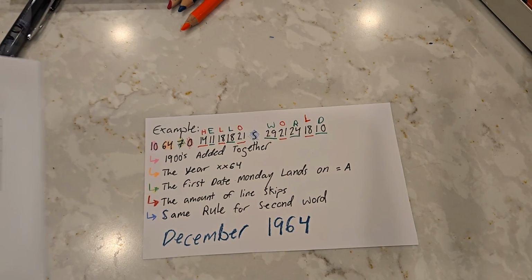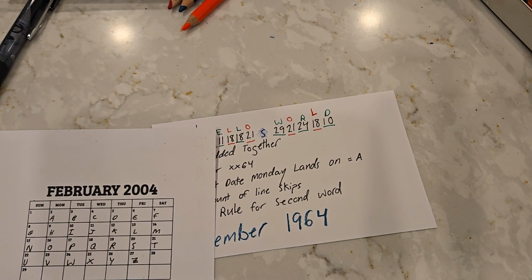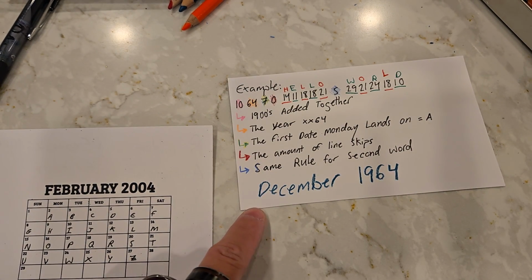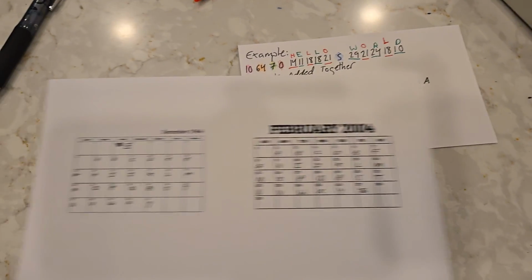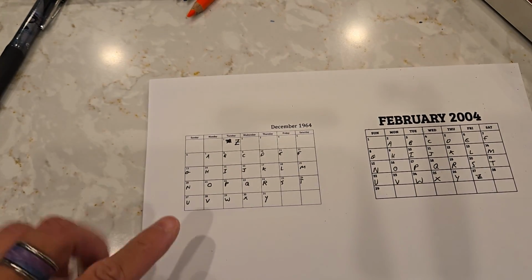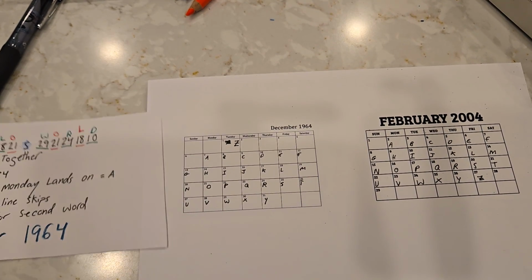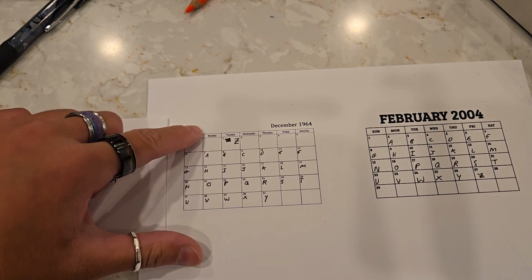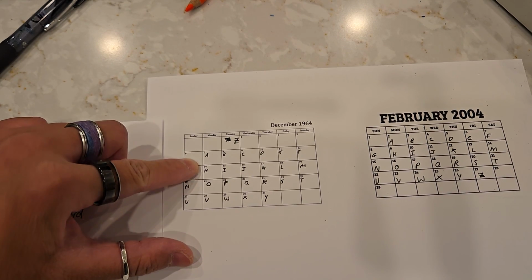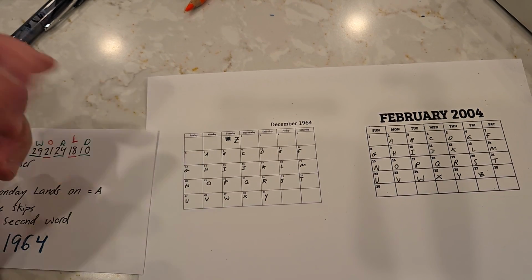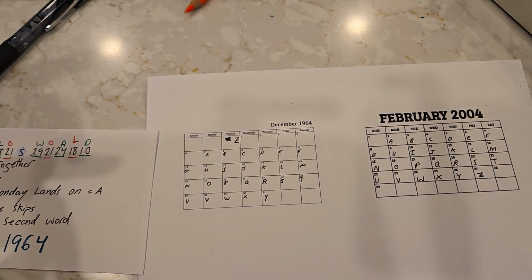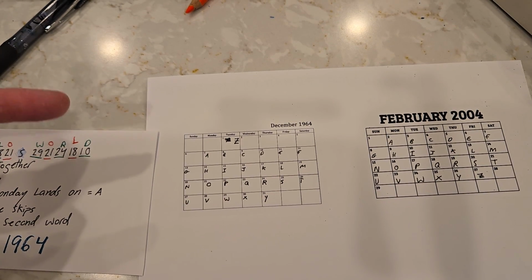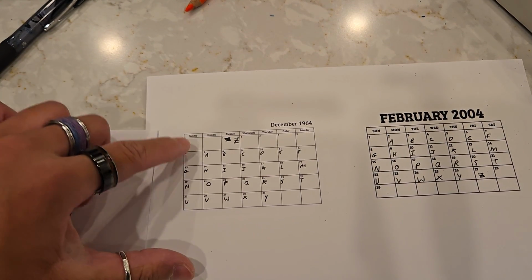So you can see, okay, this is based in December 1964. If we go over here and look at a calendar from December 1964, the rule of this code is that Monday will always equal A. Depending on which Monday, the first Monday in December of 1964 in this case would be Monday the 7th.